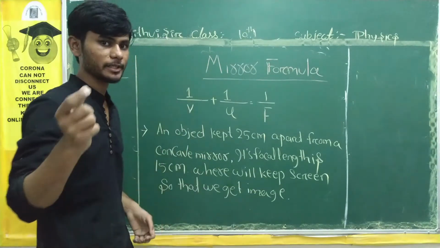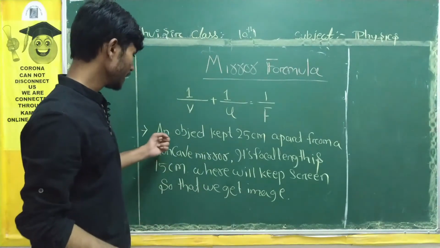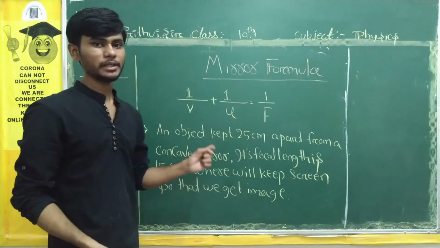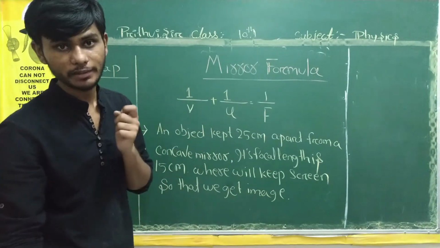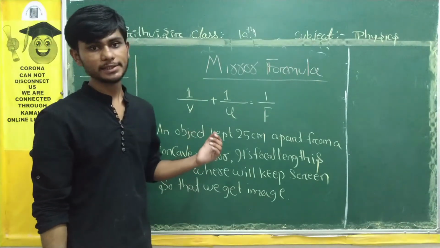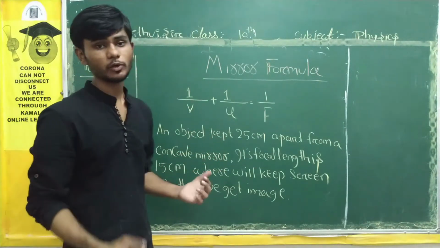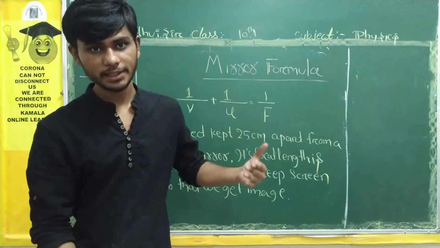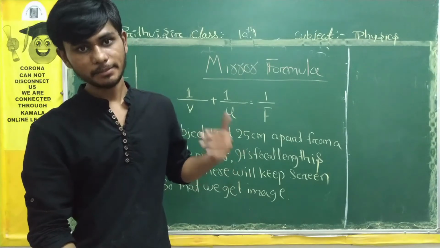You people will do it. Let me give you some insights. An object is kept 25 centimeter apart from a concave mirror, so you got your object distance, that is 25 centimeter. Its focal length is 15 centimeter, given. Now he is asking, where should I keep the screen so that I get an image?